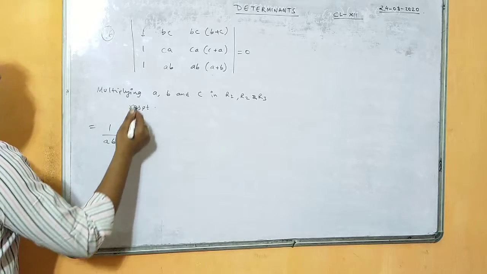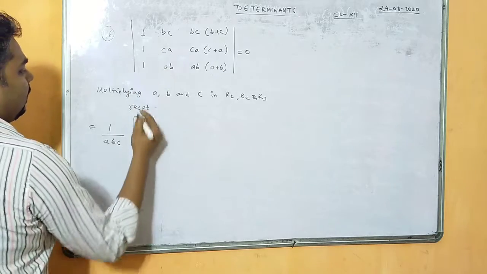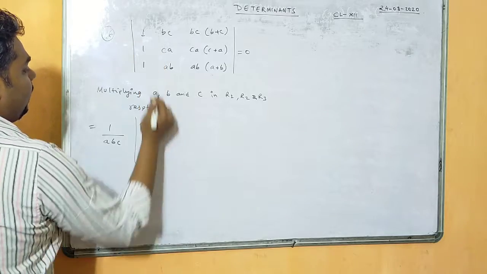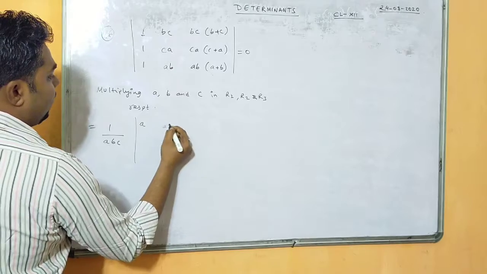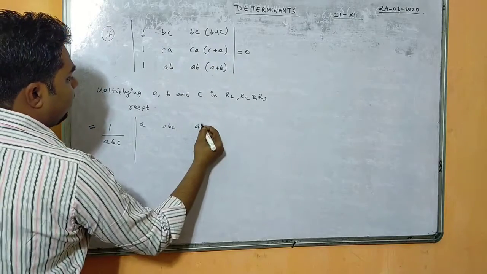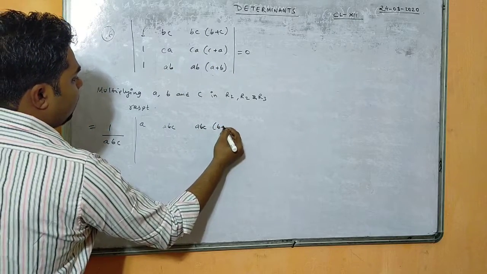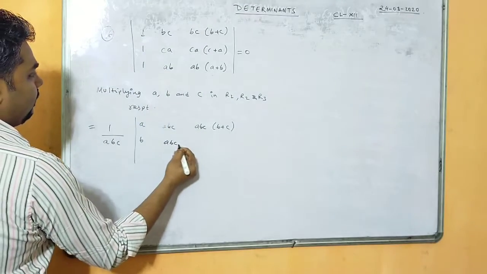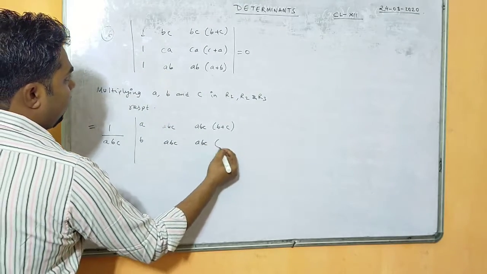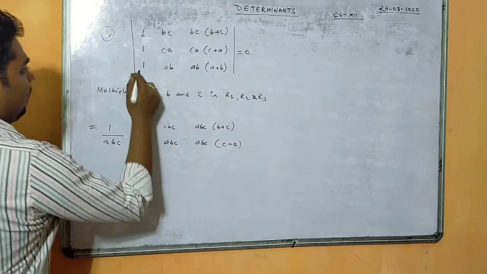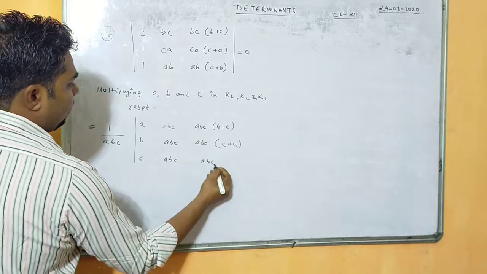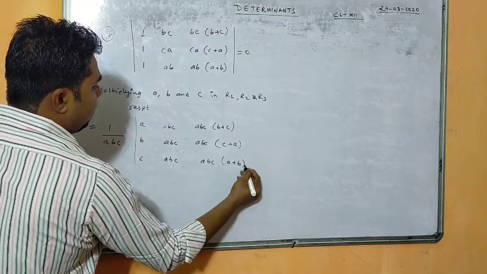So as we have multiplied here A into 1, A, A into B, that is ABC. Again we will have here ABC, B plus C. Again we are multiplying here B, here also we will get ABC, here ABC, C plus A. Again if I multiply here C, then we will get here ABC, here also ABC and A plus B, right?